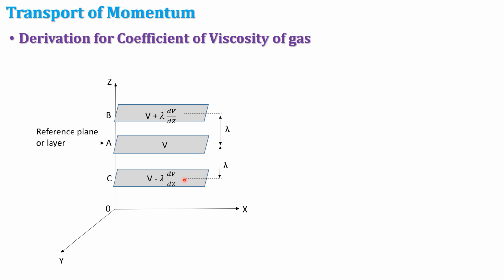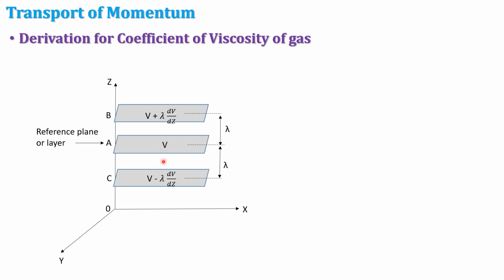At the same time, the slower moving molecule also exerts an equal force in the opposite direction so as to decrease its velocity, and therefore a tangential force is set up between the layers.